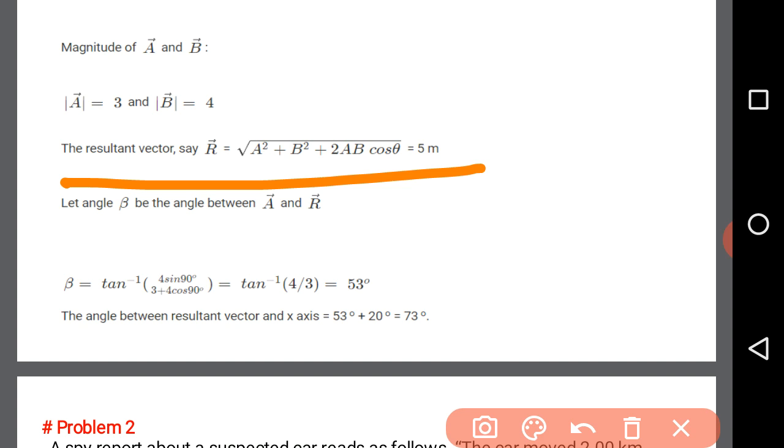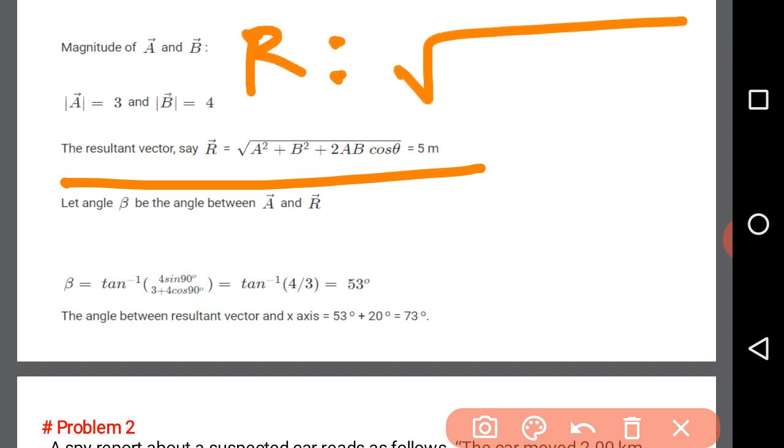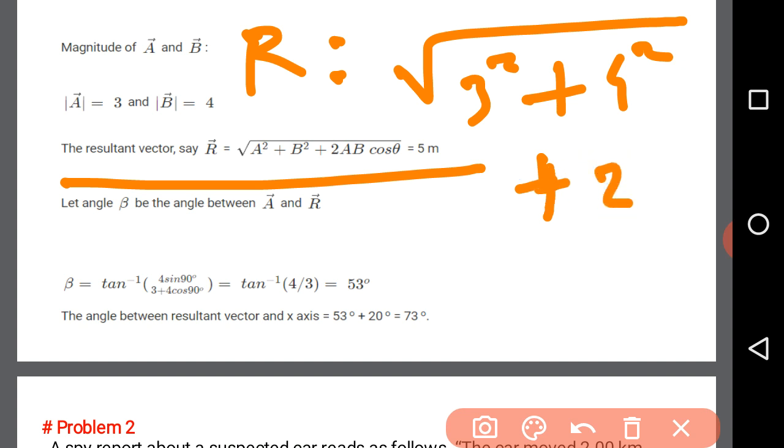A has magnitude 3, so R is equal to root of 3 square plus 4 square plus 2 into 3 into 4 into cos 90, that is 0.